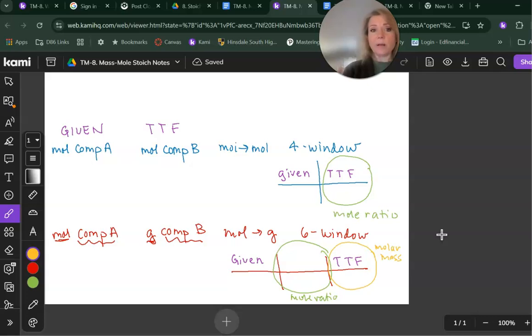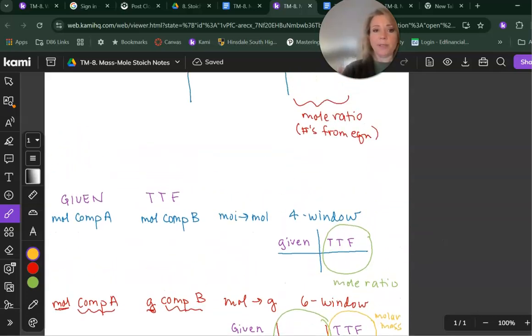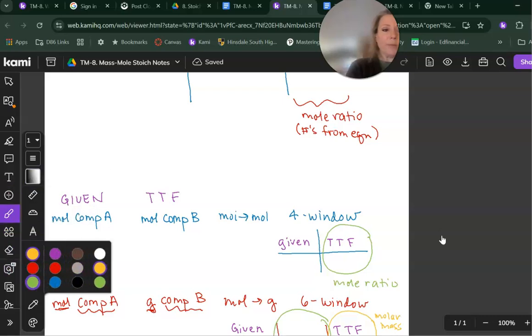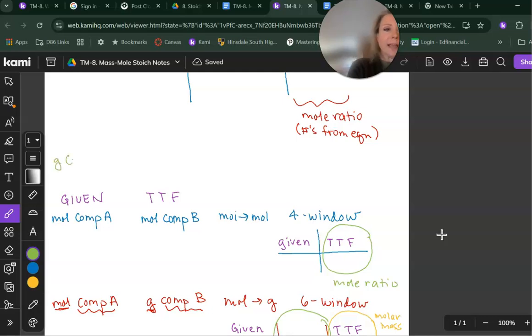The last kind of problem that we looked at, and I'm going to put it up here, is where we were given grams of compound A, and we are trying to find moles of compound B. Once again, my units are different and my compounds are different.